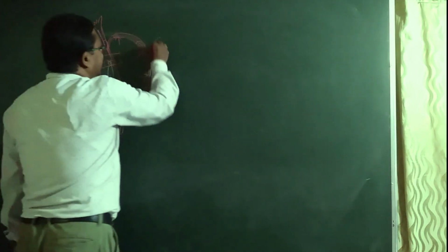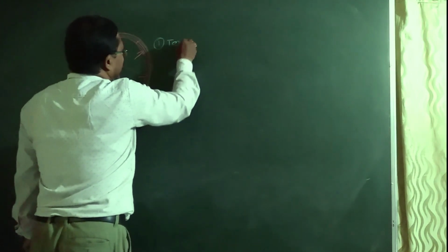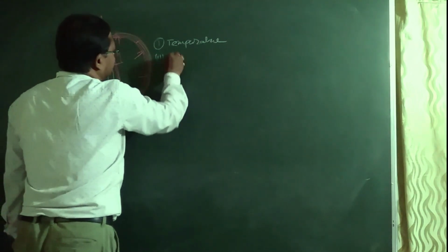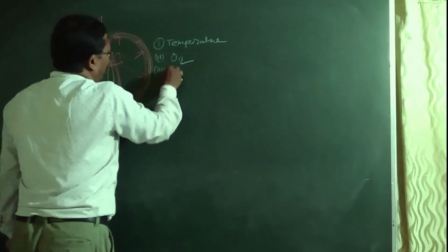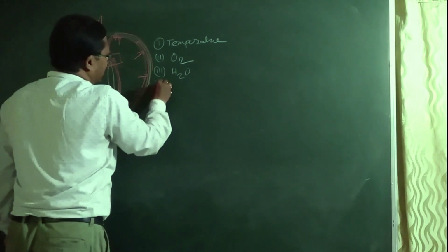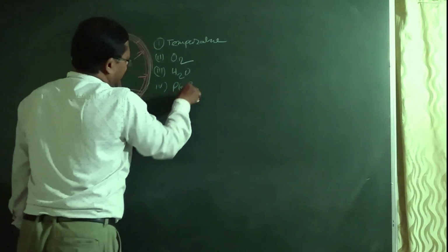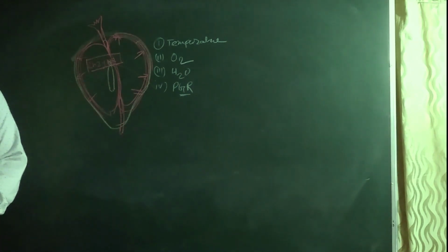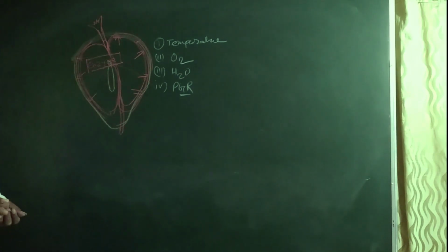Then the question: which factors are responsible for germination? First is the temperature. Second is the oxygen. Third is the water. And fourth is the PGR. Some PGRs are also responsible for seed germination.